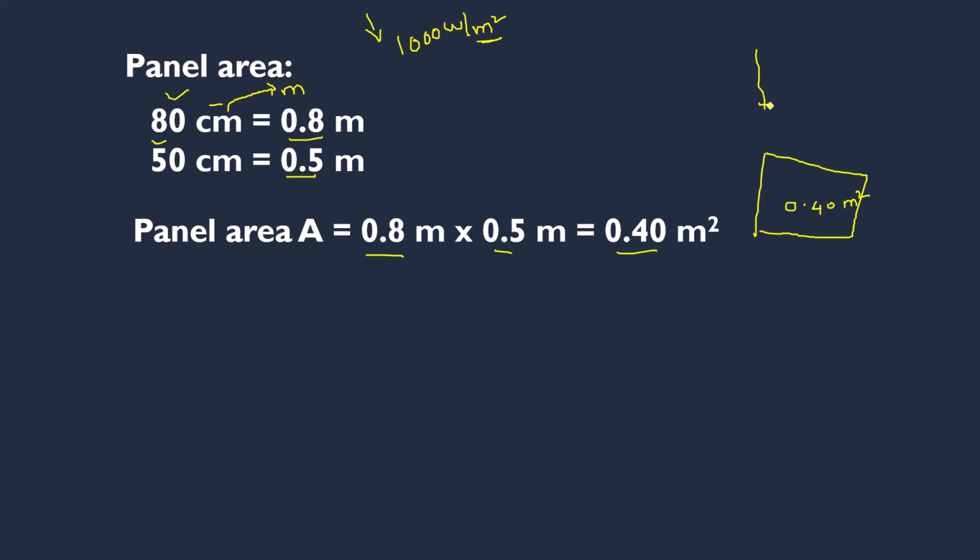We need this area because although we have a light intensity of 1000 watt per meter square, we don't have a full 1 meter square. We only have 0.4 meter square. So we need to find out how much light power is falling only on this area, not a complete meter square. So we need to convert this 1000 watts into the wattage falling on this area.